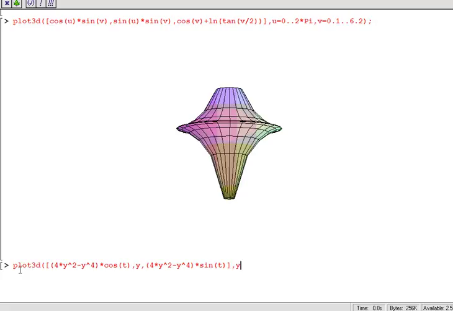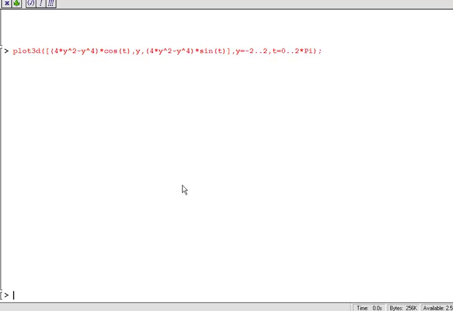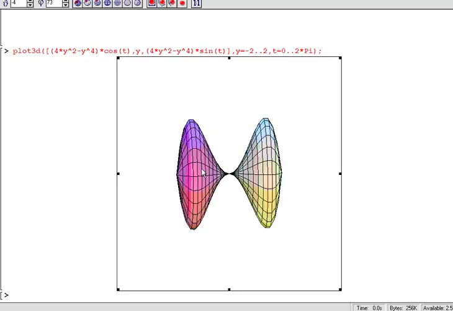I don't know, let's let y be from negative 2 to 2, t from 0 to 2 pi, and we get a picture that looks like this.